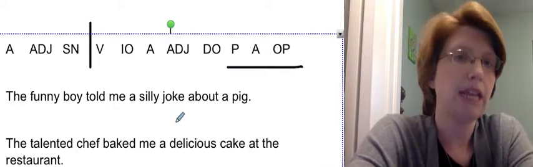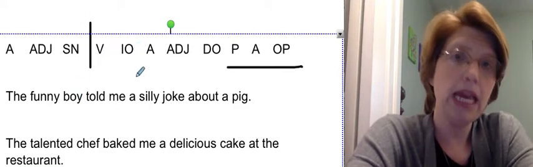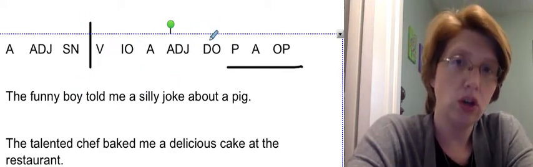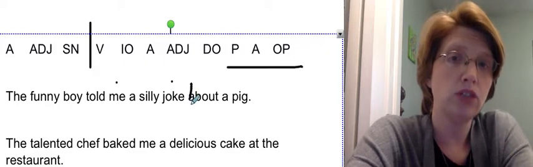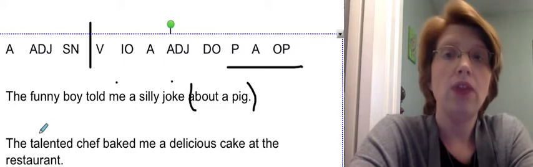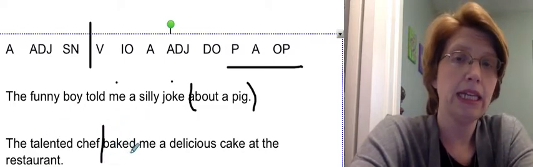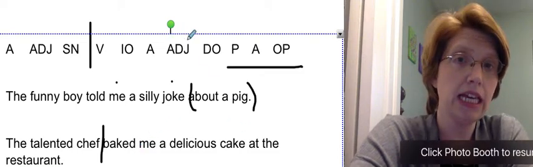Okay, so here's my examples. The funny boy told me a silly joke about a pig. So do you see I've got the IO there, I've got the DO, and the prepositional phrase here. Here's another example. The talented chef, that's the subject, baked me a delicious cake, adjective, direct object, at the restaurant.